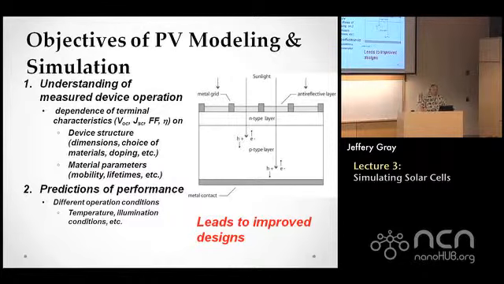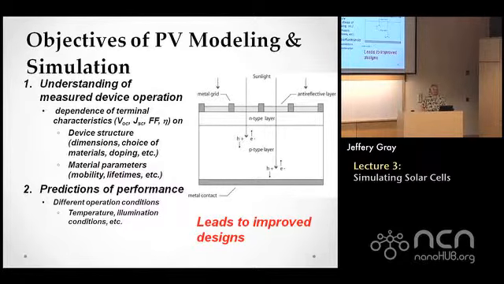So we use the models and the simulations for two main purposes, at least from one perspective. One is to understand what's going on with the terminal characteristics. I think Professor Lundstrom went over the solar cell figures of merit with you: open circuit voltage, short circuit current, fill factor, efficiency.